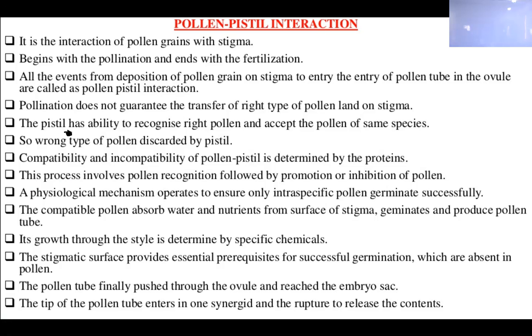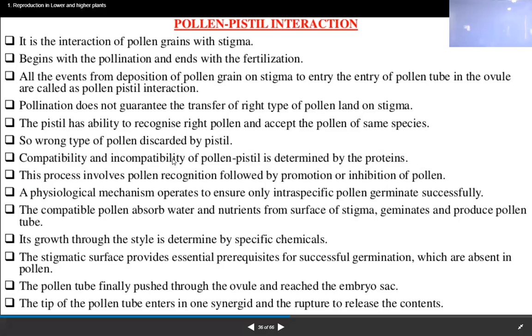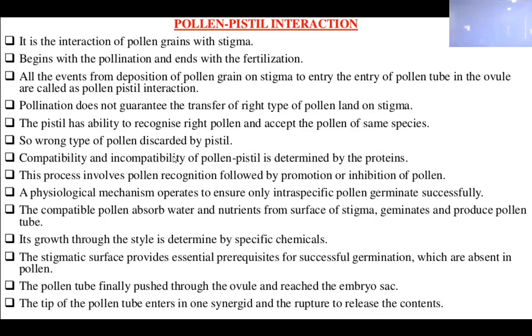So pistil has the ability to recognize. So wrong type of pollen is discarded by pistil. Okay. So pistil has the ability to recognize right pollen, and accept the pollen of the same species. So the wrong type of pollen is discarded by pistil automatically.